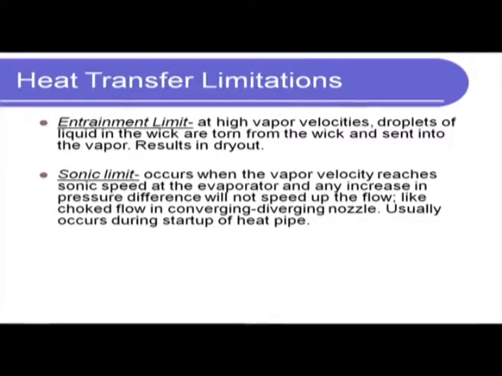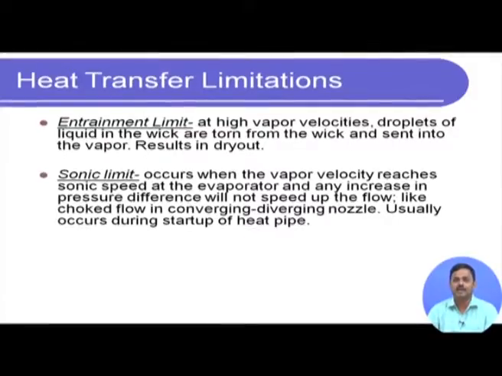Entrainment limit. So, this is interesting, this happens at very high vapor velocities, the vapor velocity through the core. Because of the friction between the liquid that is flowing through the wick and the vapor that is flowing through the core, the force between the two at the interface can be such that some of the vapor which is flowing will try to drag a few droplets of liquid from the wick, tear them off from the wick and entrain them along the vapor core.